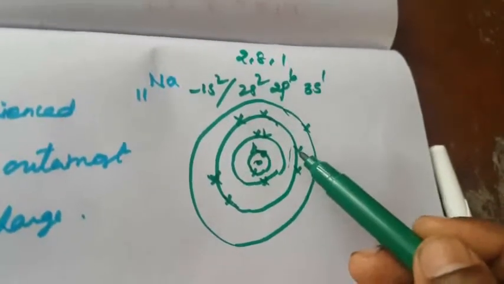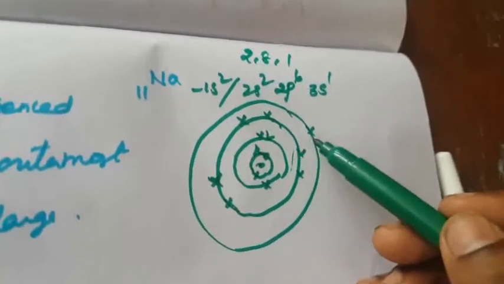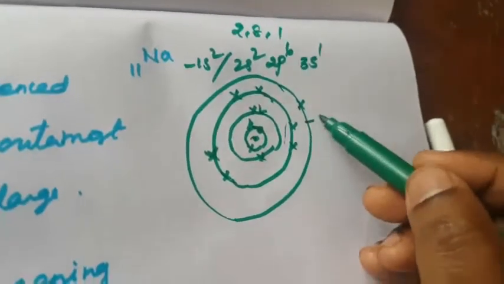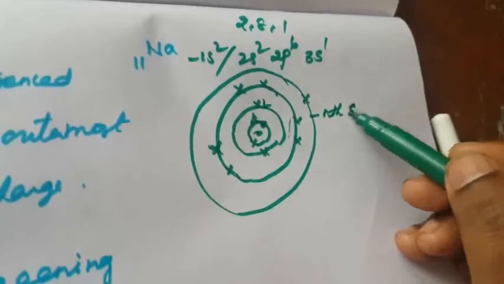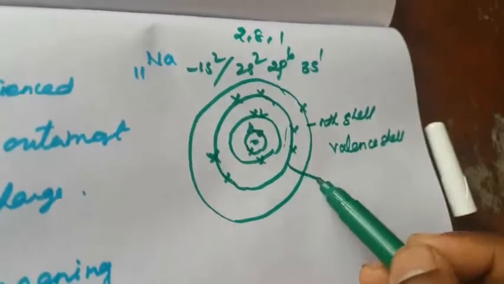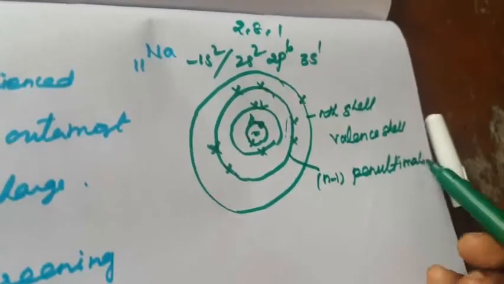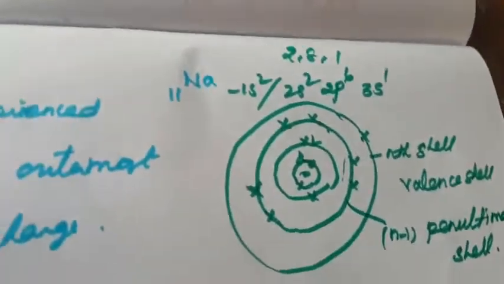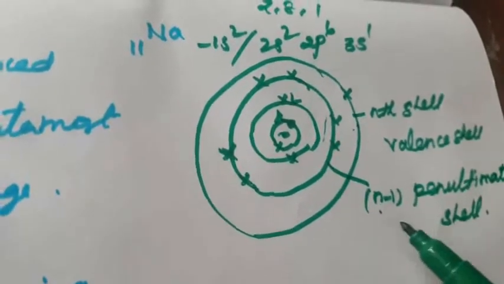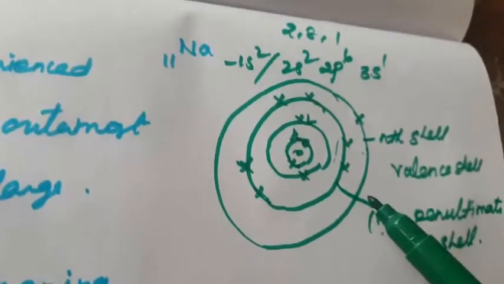The inner electrons prevent the outermost electron from feeling the nucleus, so there is less attraction between the nucleus and the outermost electron. They act as a shield between the nucleus and the valence electron. This is called the nth shell, the valence shell. This is the n-1 shell, called the penultimate shell. First you understand that this is all basic. The penultimate shell acts as a screen between the nucleus and the outermost electron. That is why it is called the screening effect.